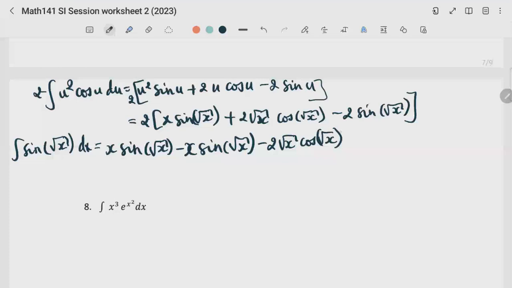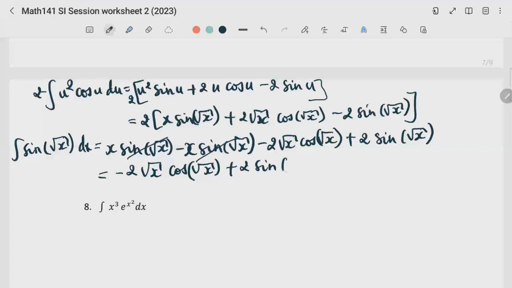We'll be left with negative 2 root x times cos root x plus 2 sine root x. Right, so let's now double check these calculations.